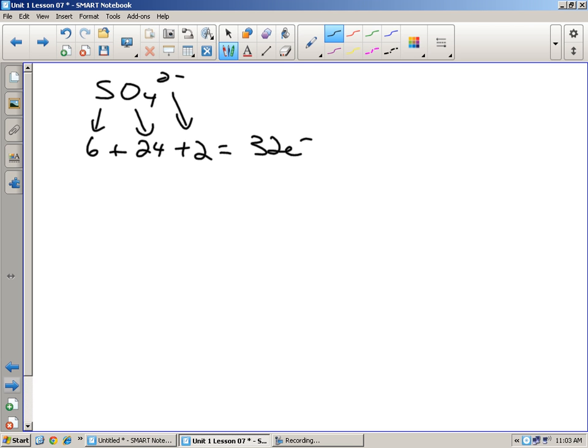Like I said, more examples will show you the different options that you have here. So we look at sulfur, we look at oxygen. That's step 1. Step 2 says, choose the atom with the most unpaired electrons as the central atom. Which one has the most unpaired electrons, sulfur or oxygen? Most unpaired.